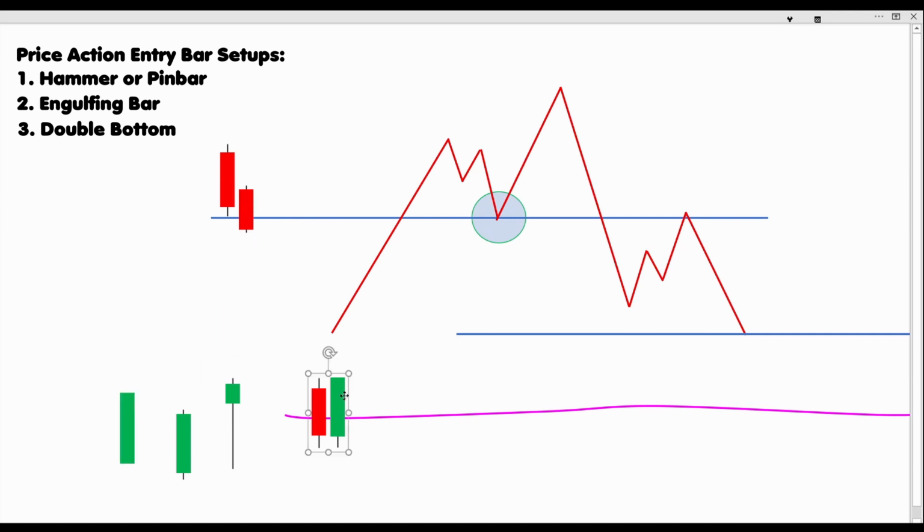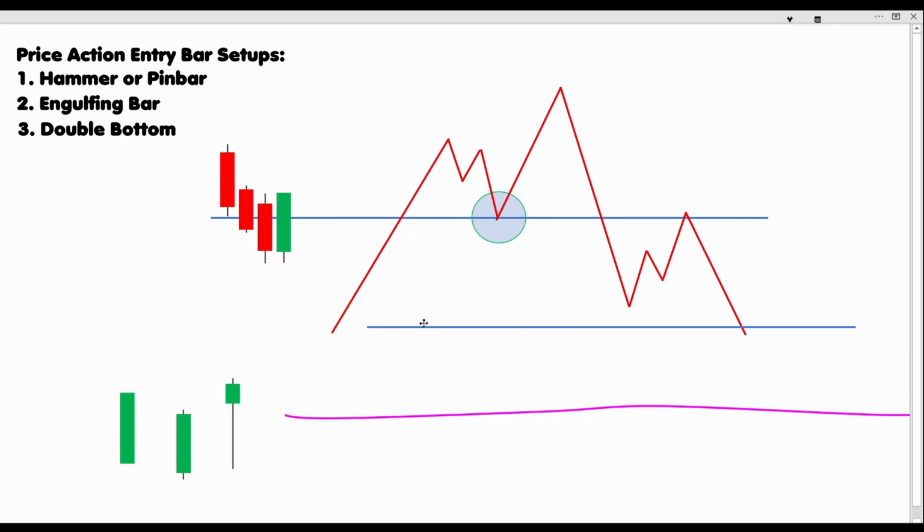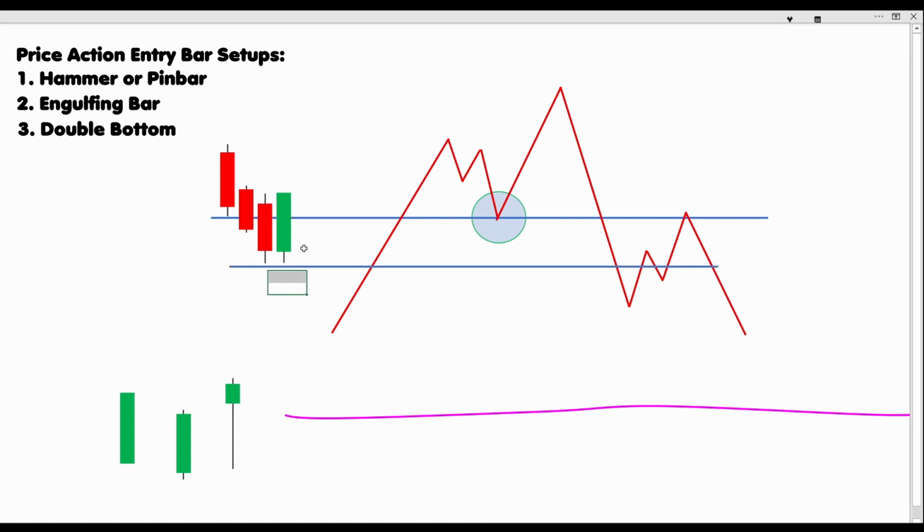Okay, and the last one will be what I call a double bottom at the bar level. Here we have a double bottom, you can see here, double bottom there. The stop loss goes here, 1, 2, 3 ticks below.